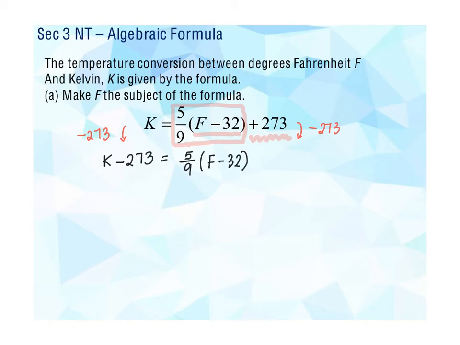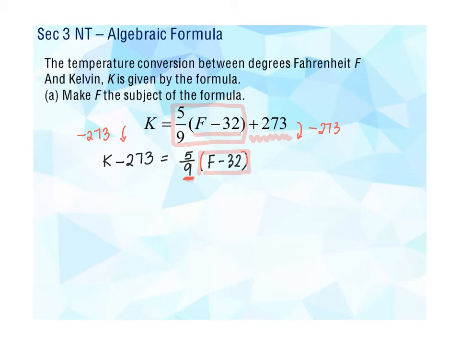Next, we have to look at our subject. F is with 32 inside the bracket, so I can't get rid of this term yet. I'm going to get rid of the number 5 over 9. But this is a fraction. How can we get rid of the denominator here? What is the denominator? The denominator is 9.